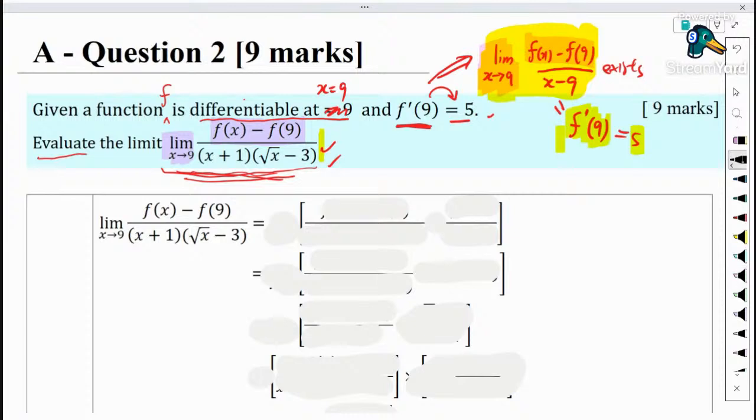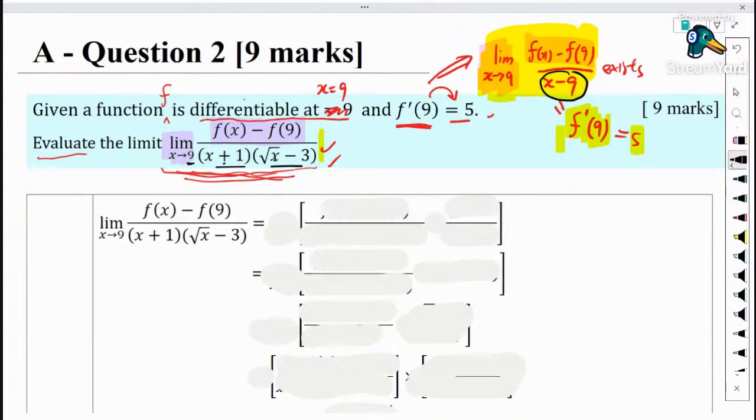The one we want to find has (x plus 1) times the square root of x minus 3. But what I actually want is x minus 9. I don't want these two terms. And of course, if you try direct substitution, it cannot be done because you will get 0 over 0.